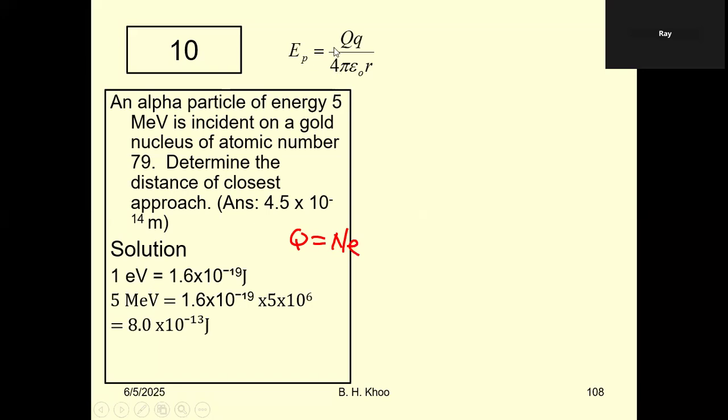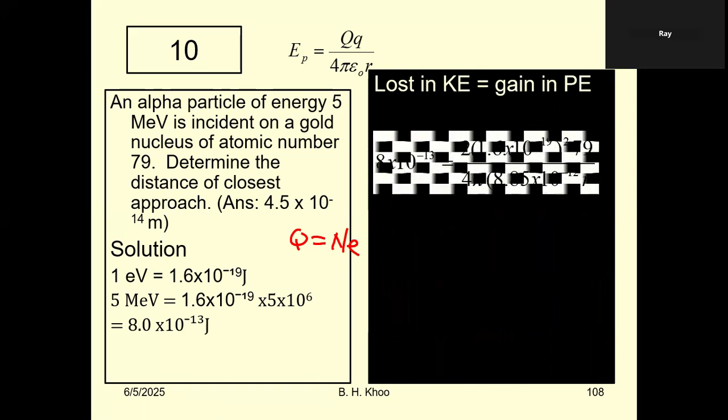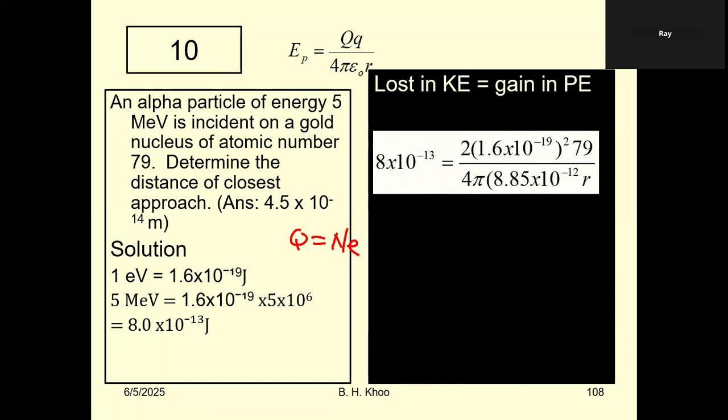We use this formula. The alpha particle will lose kinetic energy as it gains potential energy. So this is your kinetic energy, this one, potential energy. Gold has 79 electron charges, this is the charge on the electron.